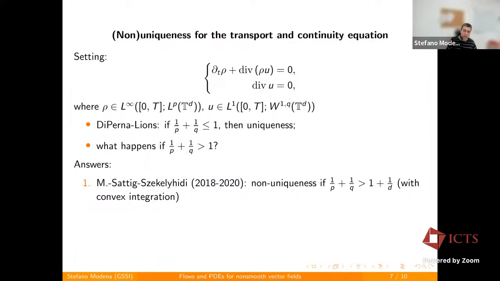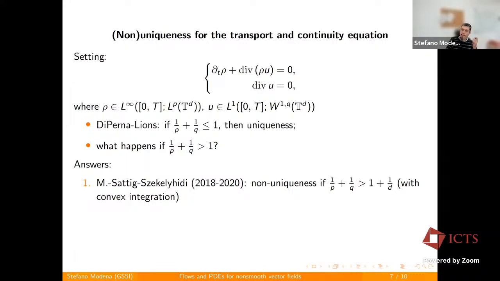We showed that non-uniqueness can happen if 1/p + 1/q is strictly bigger than 1 + 1/d, where d is the dimension of the physical space. So this is not covering the full complement of DiPerna-Lions, which would be just bigger than 1. But if it is bigger than 1 + 1/d, then we can show non-uniqueness.